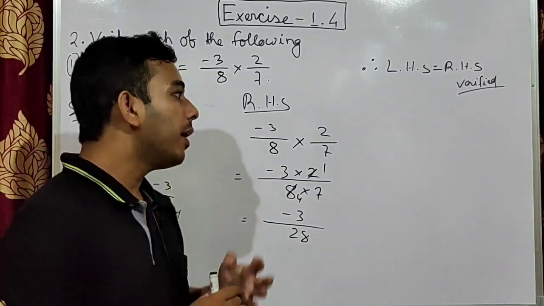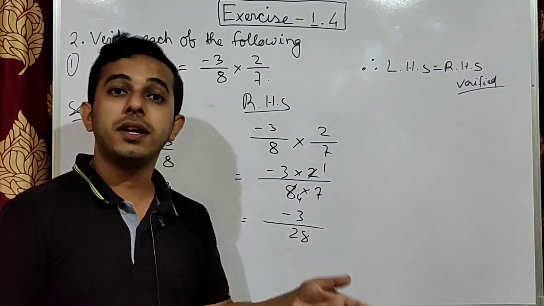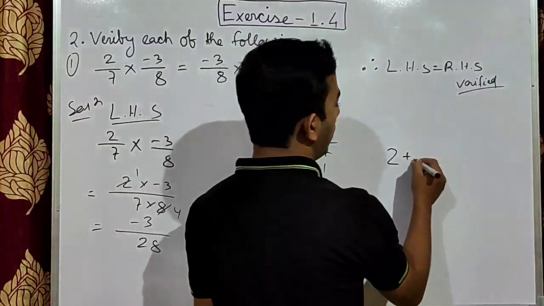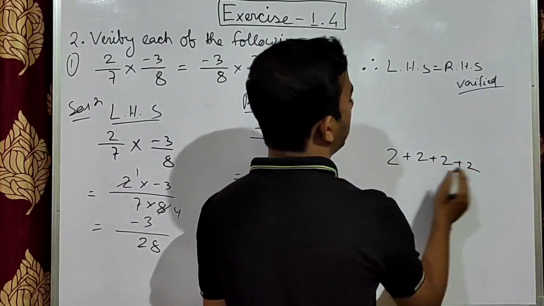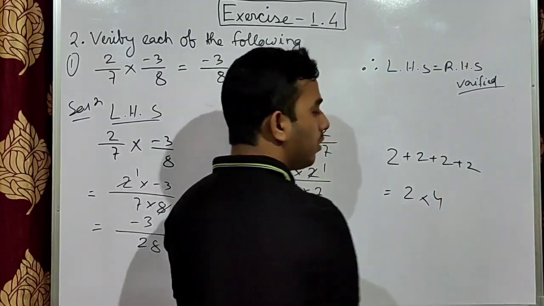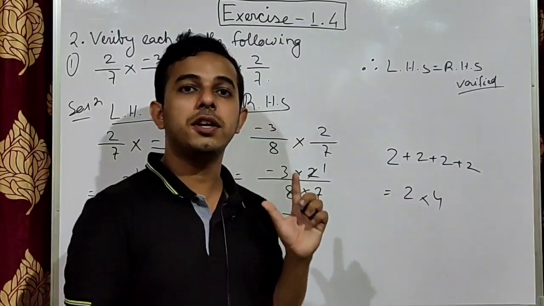Now why are multiplication and addition the same? Because multiplication is what? Repeated addition, isn't it? If we add, suppose 2 plus 2 plus 2 plus 2, now we write it as 2 into 4. This is called repeated addition. Multiplication is repeated addition.